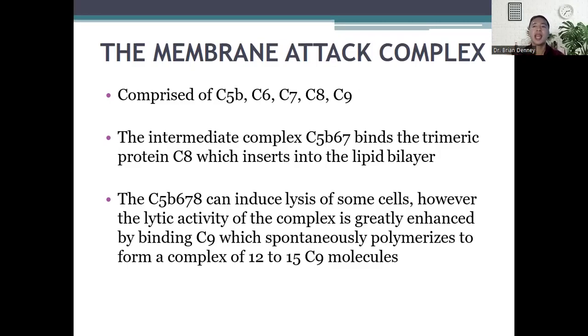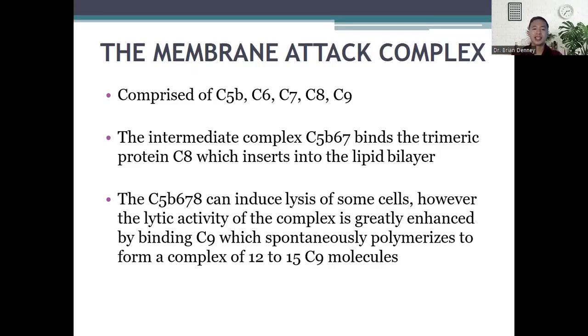But when C9 binds to your C5b, 6, 7, and 8, this causes complete lysis of your nucleated cells, even non-nucleated cells. And so the complete membrane attack complex is C5b, 6, 7, 8, and 9.